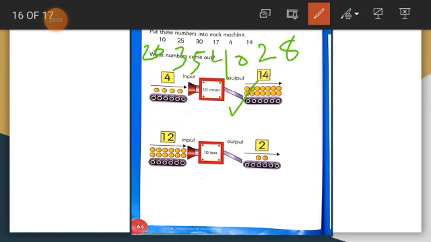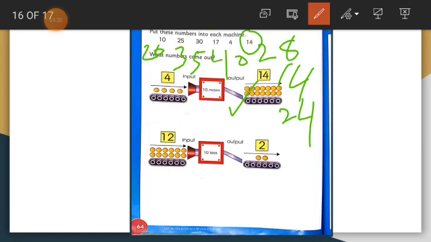And when we put the 4 in the machine and add 10 more to it, what is the answer? 14. And the last number is 14. When we put the 14 in this machine and add 10 to it, what is the answer? That is 24. Now these all answers are when we add 10 to each number.